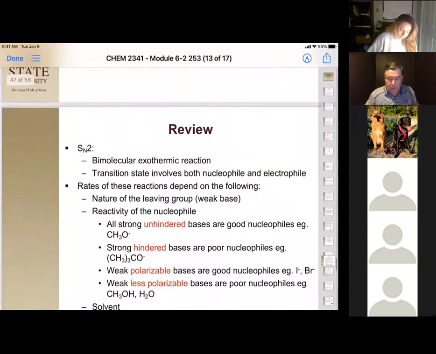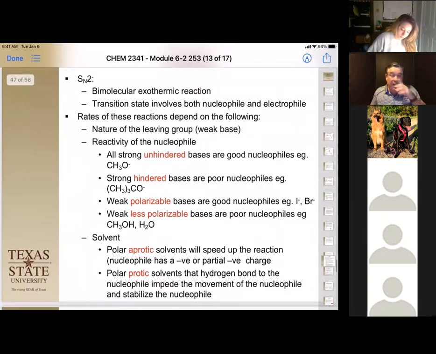Okay. So in an Sn2 reaction, we're looking at a bimolecular reaction. It's an exothermic reaction. The products are always less energetic than the starting materials, okay? In the transition state, there's a single transition state and a single hump in our reaction diagram, okay? The rate is dependent upon the concentration of both reactants, both the nucleophile and the electrophile.